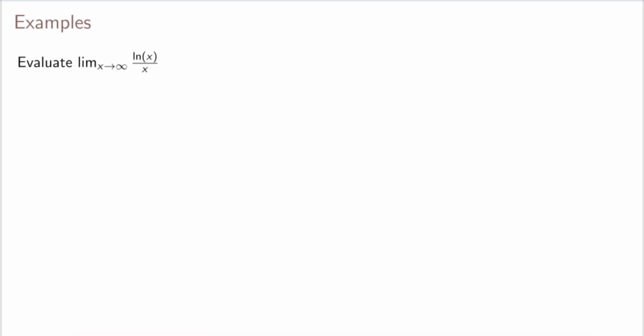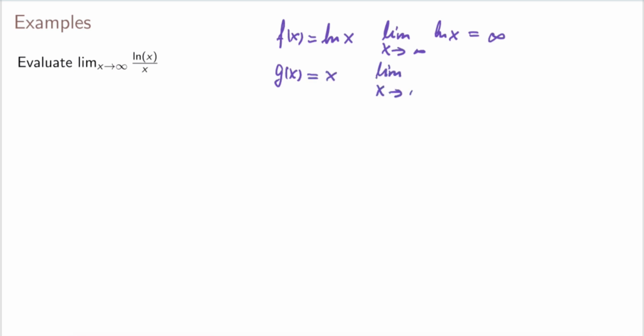Here we have limit x goes to infinity, log x divided by x. So if my function f is the natural logarithm, then the limit as x goes to infinity of ln x is certainly infinity. The function g is the same as before, but now we have the limit x goes to infinity of x, which is also infinity. So guess what the type is?